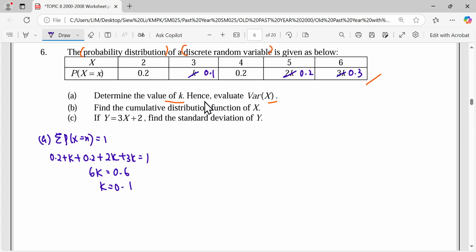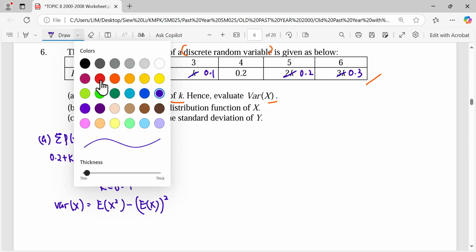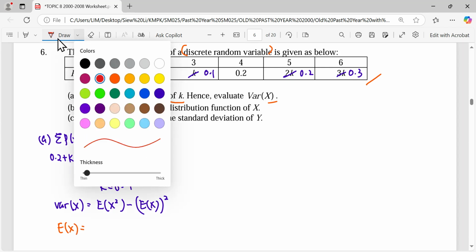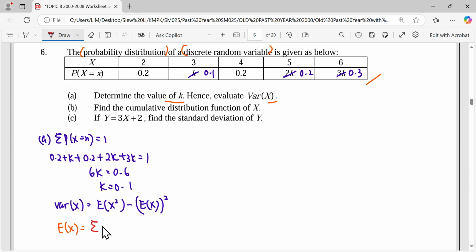Then we want to find the variance. The variance formula is E(X squared) minus (E(X)) squared, which means that we need to find our mean, E(X). E(X) in the formula is the total of x times probability.